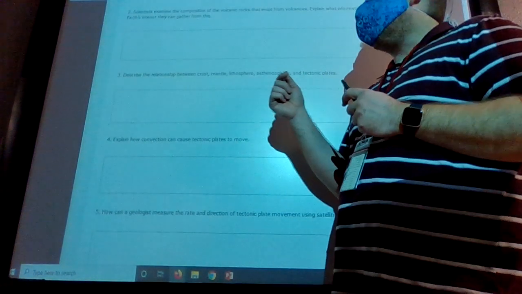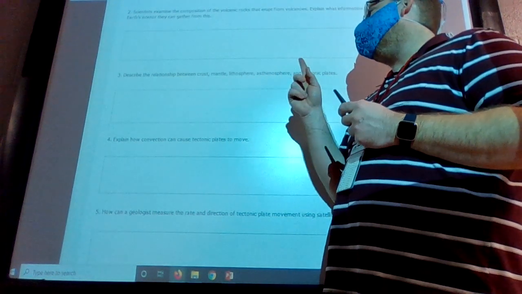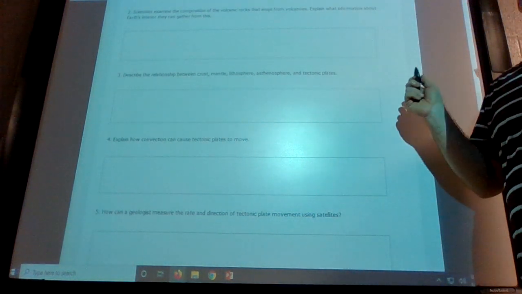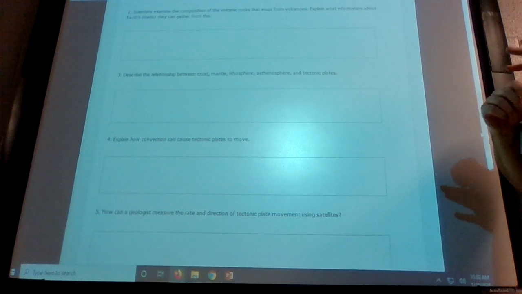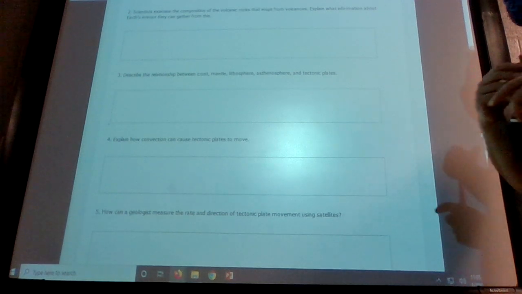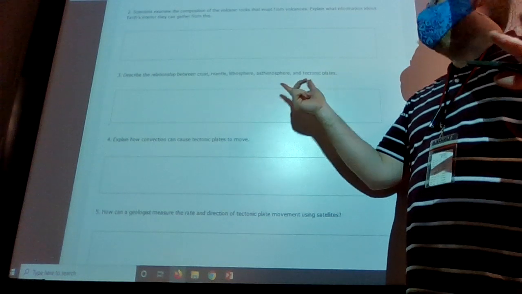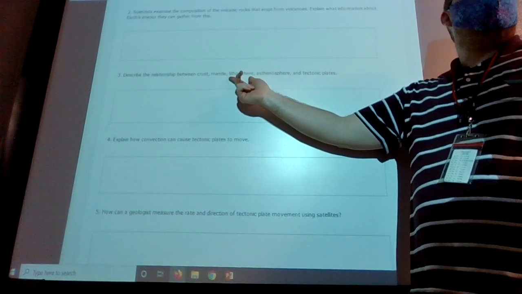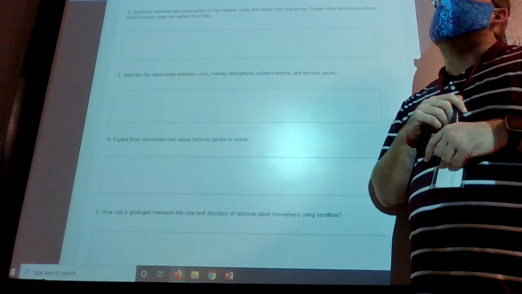Number 3, describe the relationship between crust, mantle, lithosphere, asthenosphere, and tectonic plates. Okay, so we can put this all in one sentence in a way. Let's see, how do I put this? All right. Tectonic plates are part of the lithosphere.